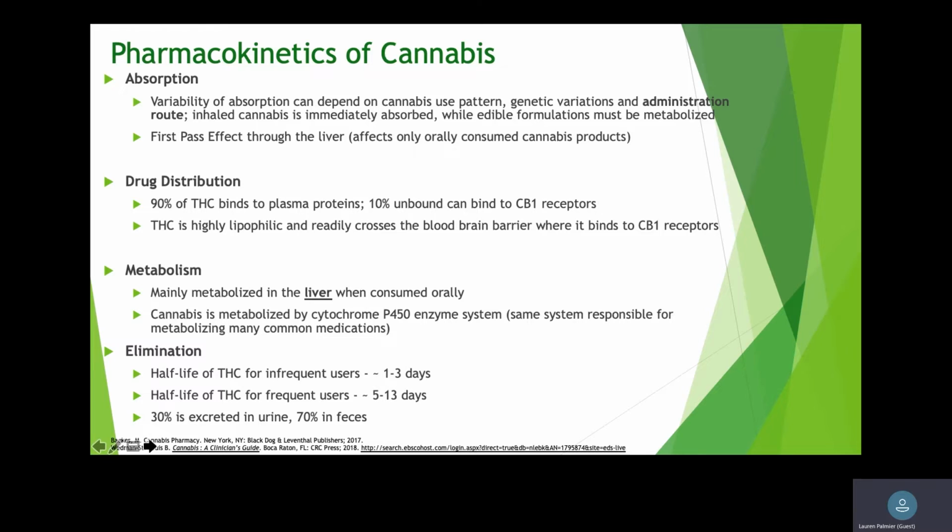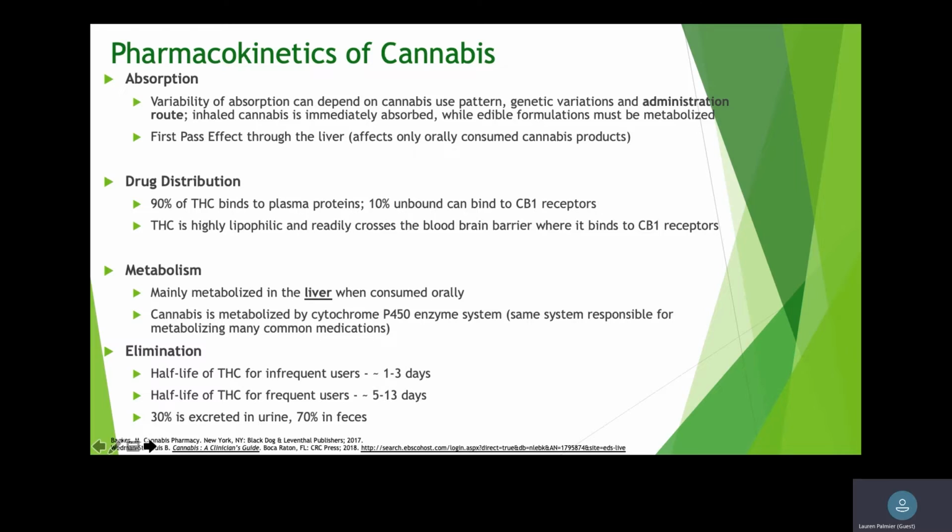Metabolism of cannabis is also important to understand because of the psychoactive metabolites produced after it is metabolized in the liver. We'll also discuss this on the next slide. Lastly, with metabolism, it's important to know that patients with liver issues like liver failure may not be the best candidates for oral cannabis formulations due to its dependence on the liver for metabolism.